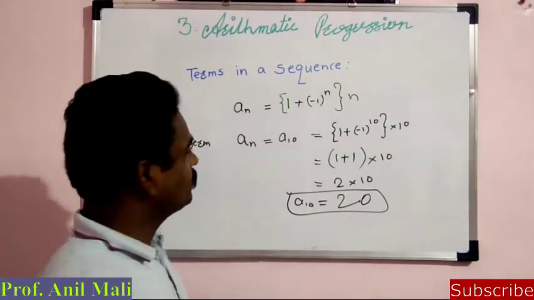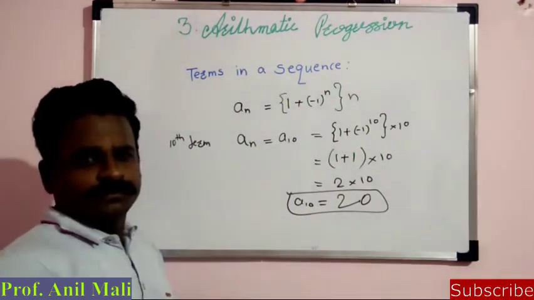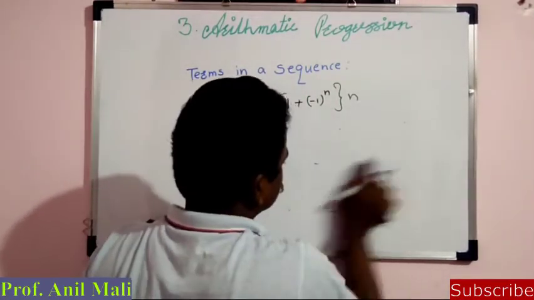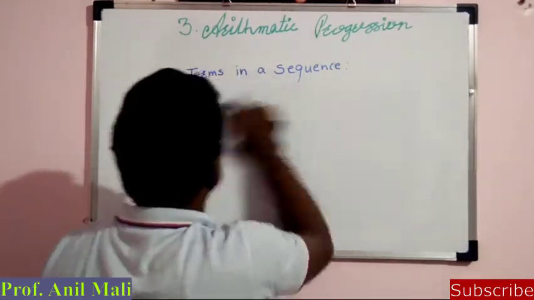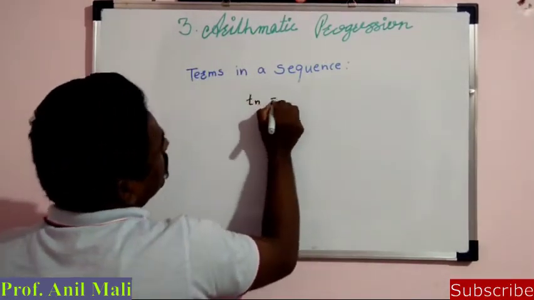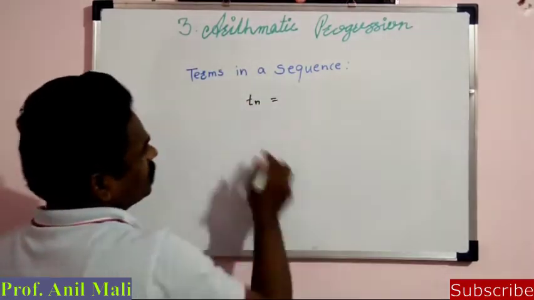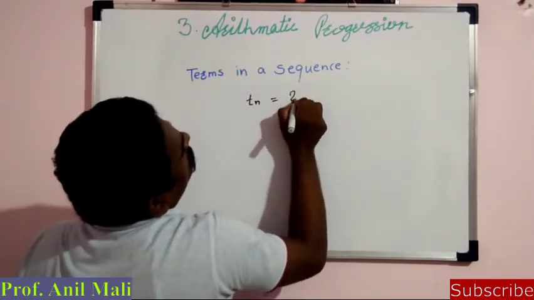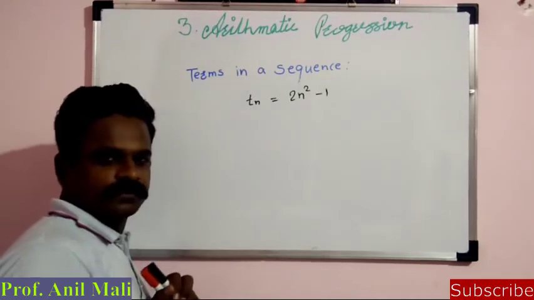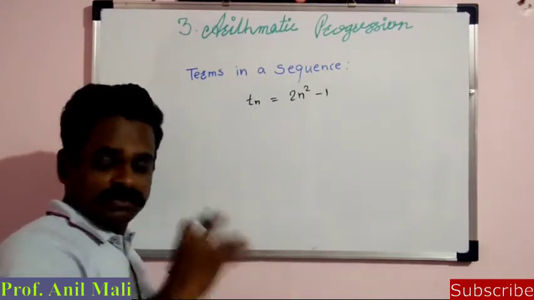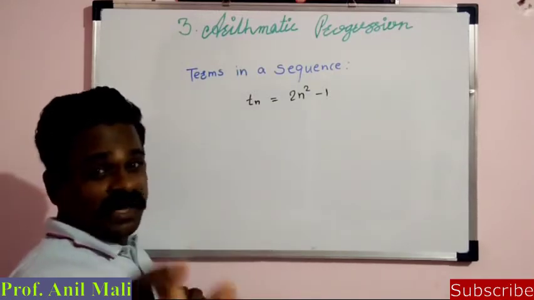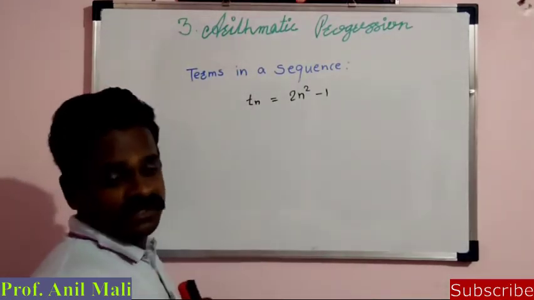Now suppose my sequence is like this: Tn is given as Tn equal to 2n squared minus 1. Tell me the first 5 terms of this given sequence.